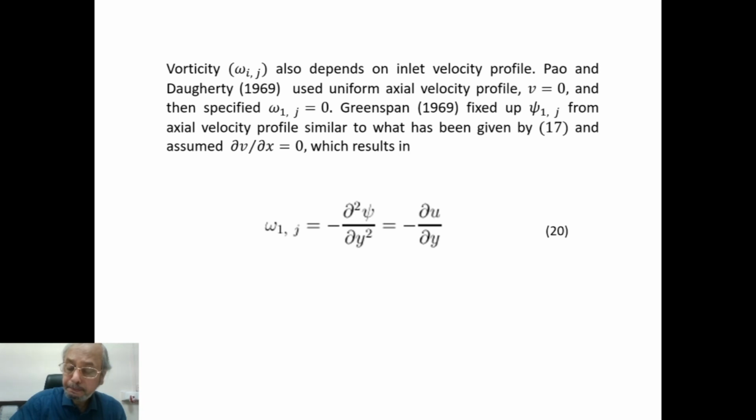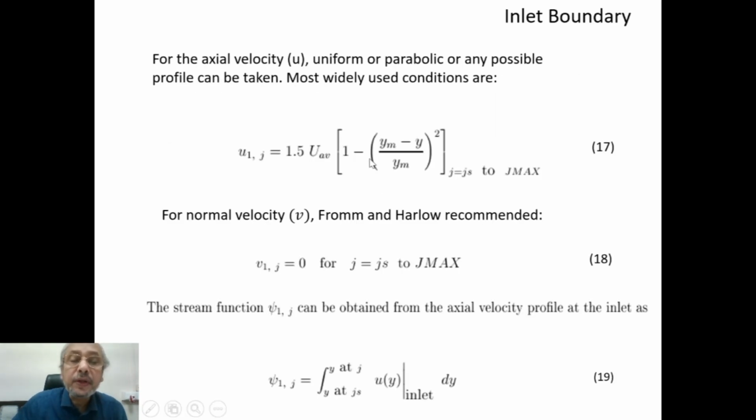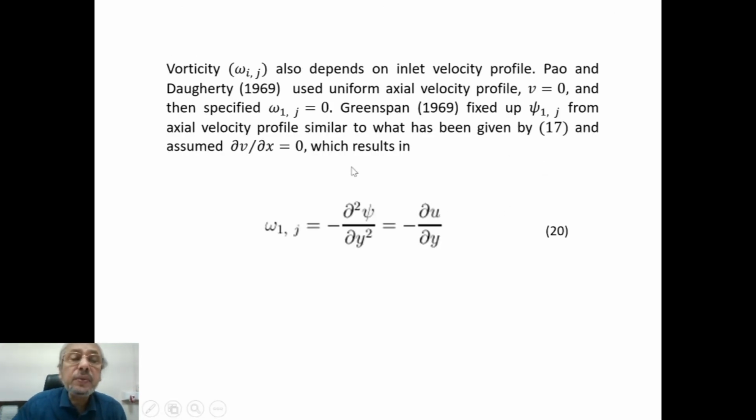So if you take this velocity profile from which you calculate psi 1j, with j varying 1, 2, 3, 4, 5, so basically you are calculating all psi values, then Greenspan took ∂v/∂x equal to 0, so that omega, which is ∂v/∂x minus ∂u/∂y, is everywhere ∂²ψ/∂y² at the inlet plane, given by equation 20.